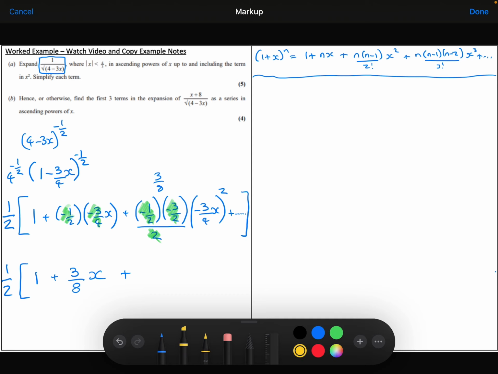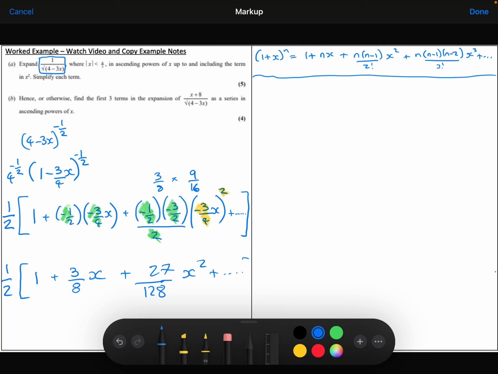We've then got the minus 3/4 squared. So the minus 3/4 squared will be plus 9 over 16. And when that gets times by the 3 over 8, we get, just using my calculator here, 27 over 128, and we have the x squared.